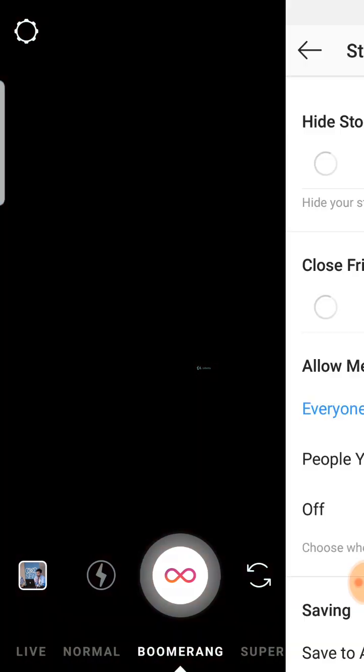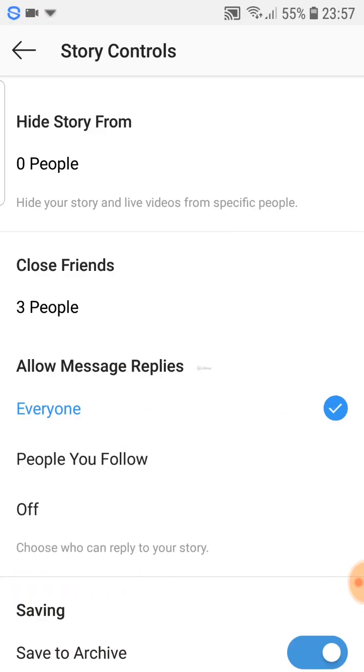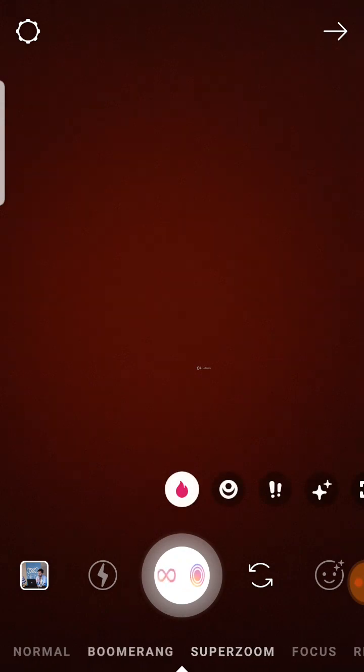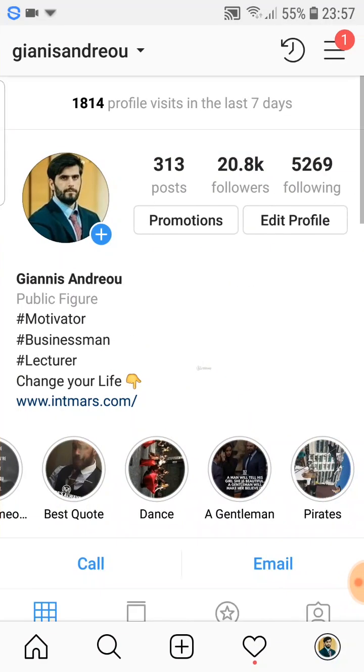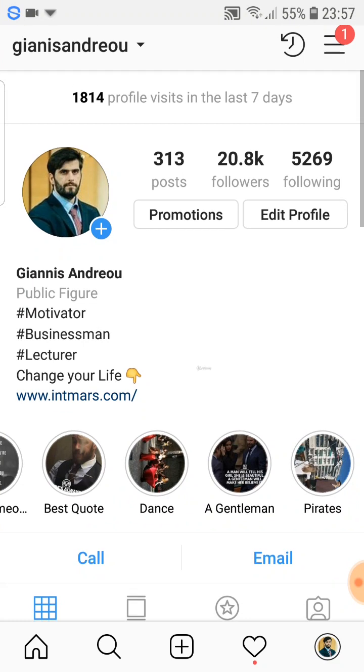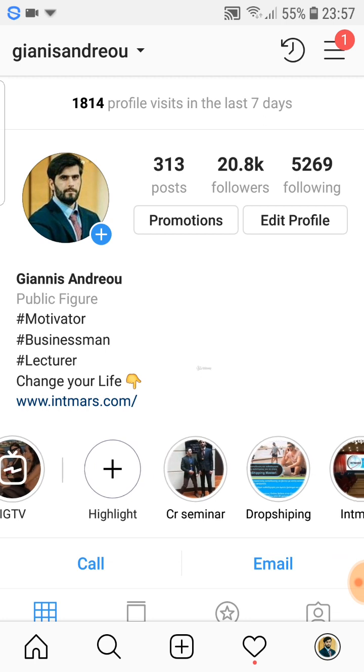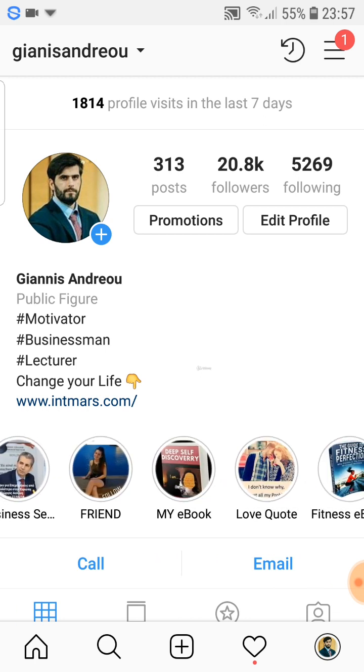And you can do different things here. You can go up here and do different stuff right here. Okay, so we go back here, and I'm going to go to the highlights over here. These are the highlights, as you can see.